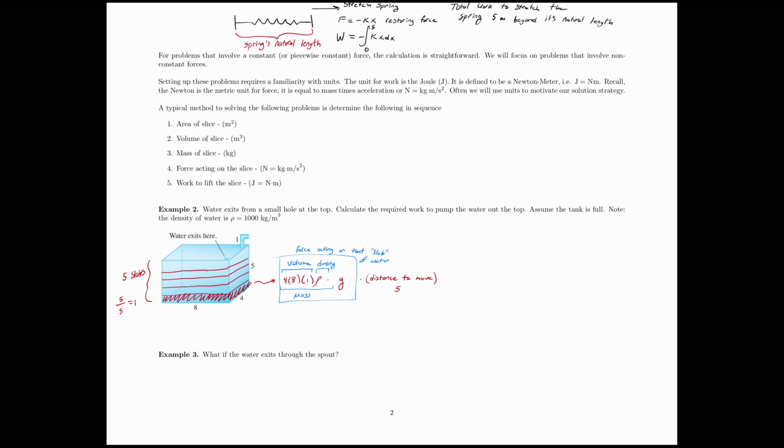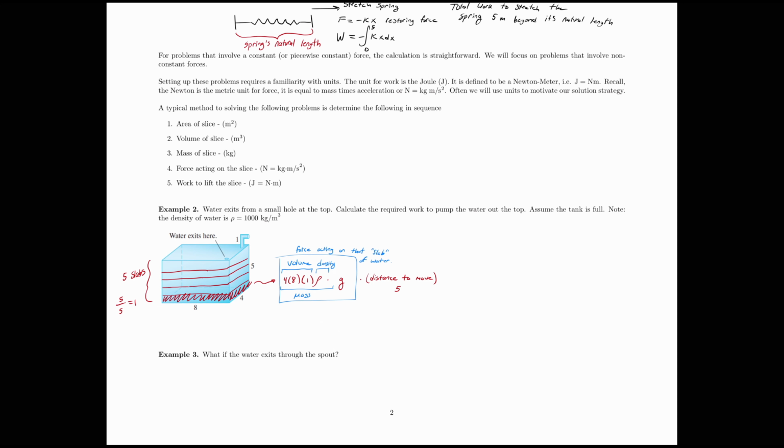So this procedure that I just did here is exactly what is listed right here. We first begin by finding the area of the cross-section, multiply by the thickness to find the volume, multiply by the density to find the mass, I meant to say, find the mass.